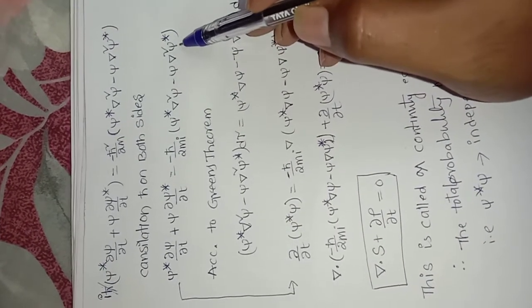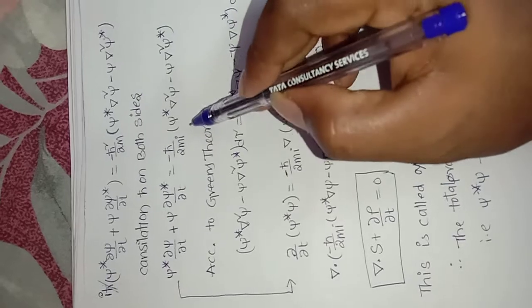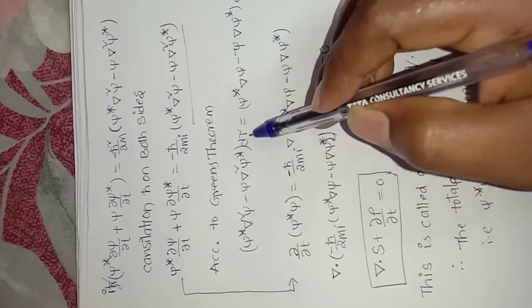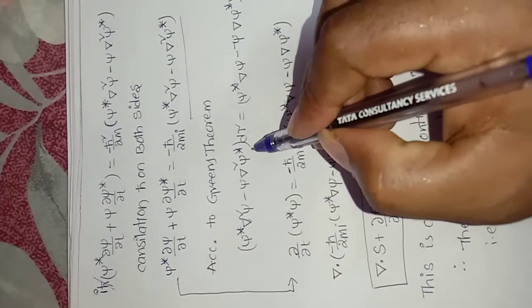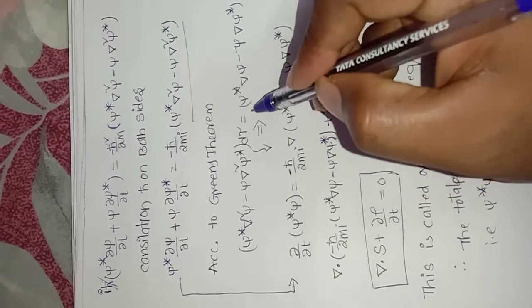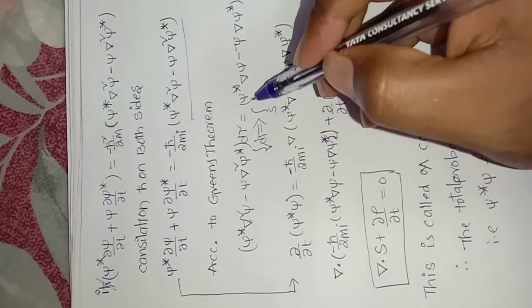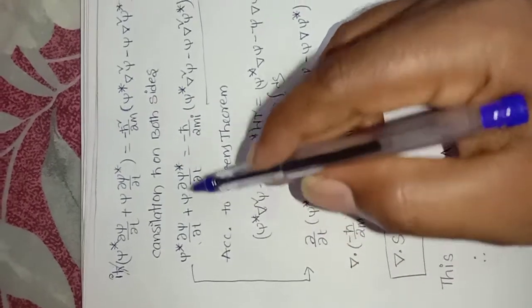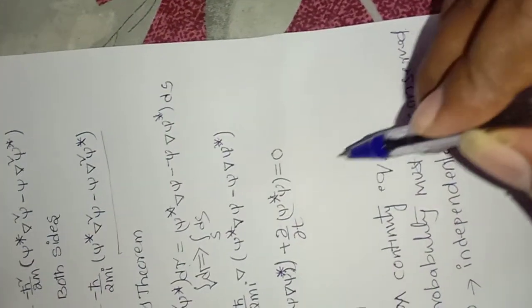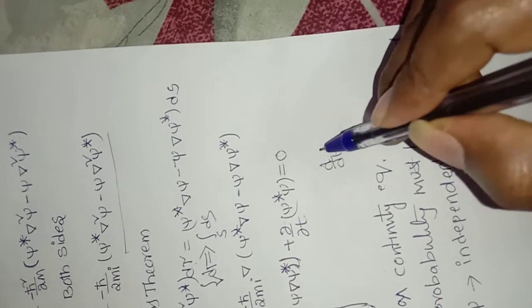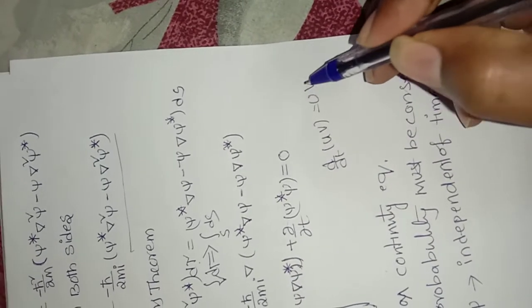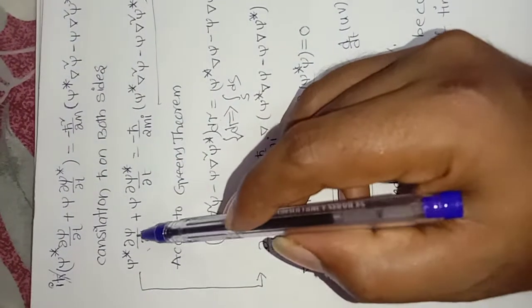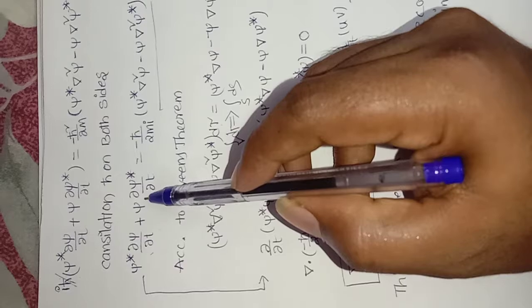According to Green's theorem, the integral of psi star del square psi minus psi del square psi star d tau, that means the volume integral, is converted into a surface integral, d tau becomes dS. Here we have psi star dou by dou t of psi and psi dou by dou t of psi star.